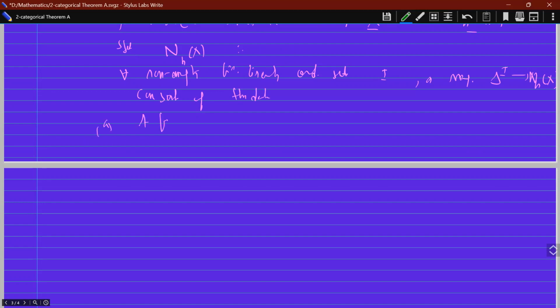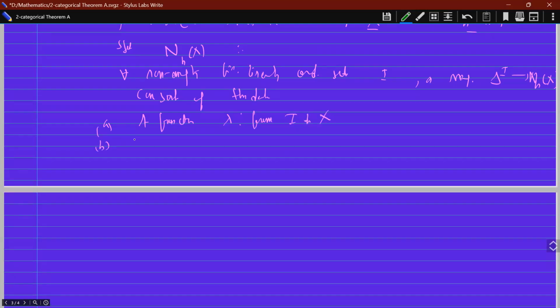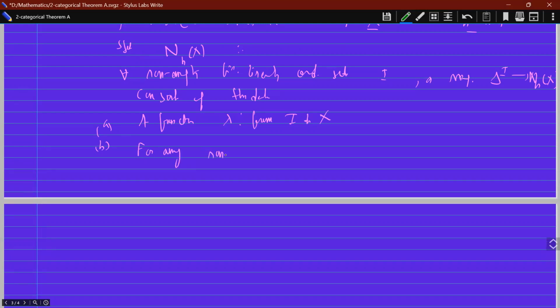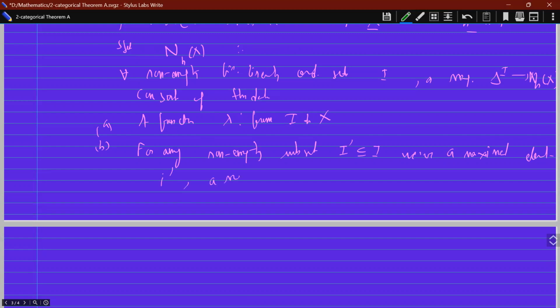So you have a functor, let me call this lambda, from I to X. Then for any non-empty subset I prime, we have a maximal element, I dash, on the map. There are reasons for calling it this.